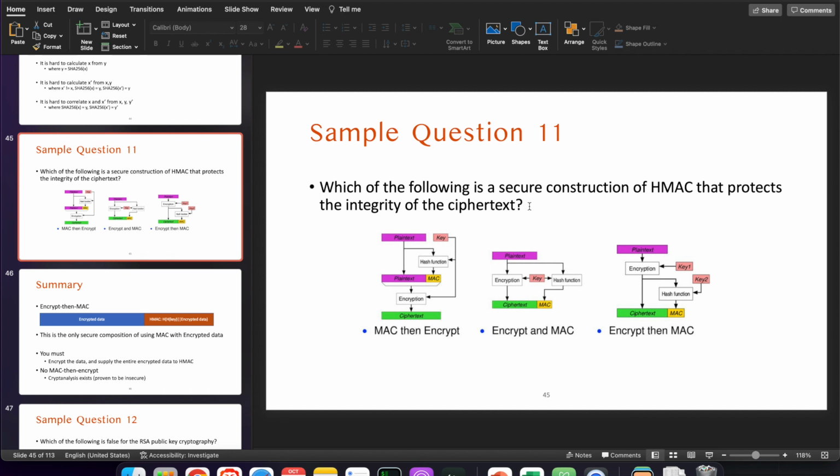Then what is the secure construction of attaching the message authentication code to the ciphertext? We didn't learn many other constructions, but please take a look at how MAC then encrypt, encrypt and MAC, and encrypt then MAC work.